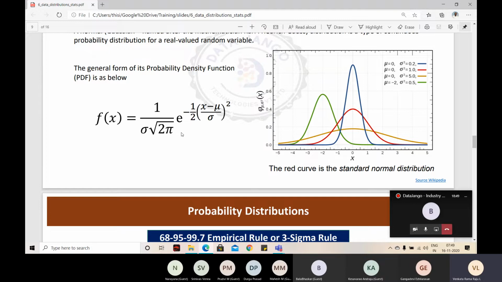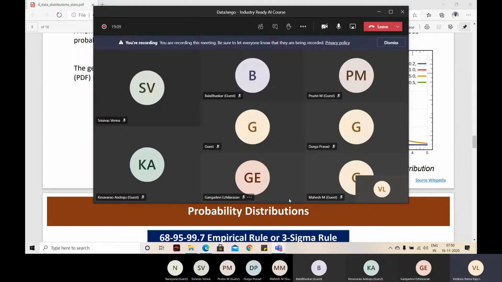Suppose that mu is 7 and x is 1 million. What happens to this total formula? If x is 1 million and mu is 7 or maybe 10, what happens to that total formula? Can anybody tell me?